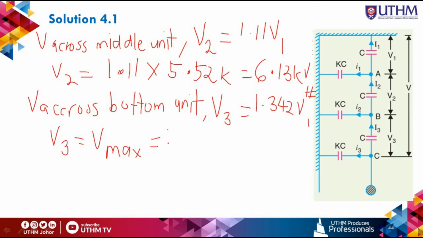You calculate 1.342, you times with V1. Okay, sorry, this one is not K. So this times with 5.52 K, then you get 7.4 kV.